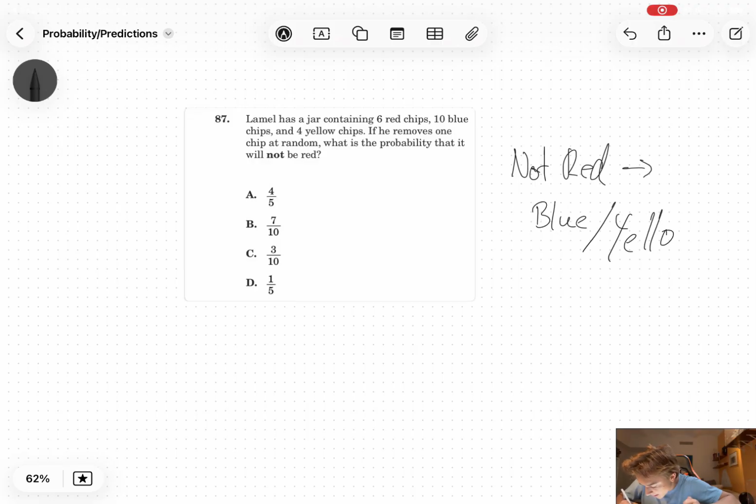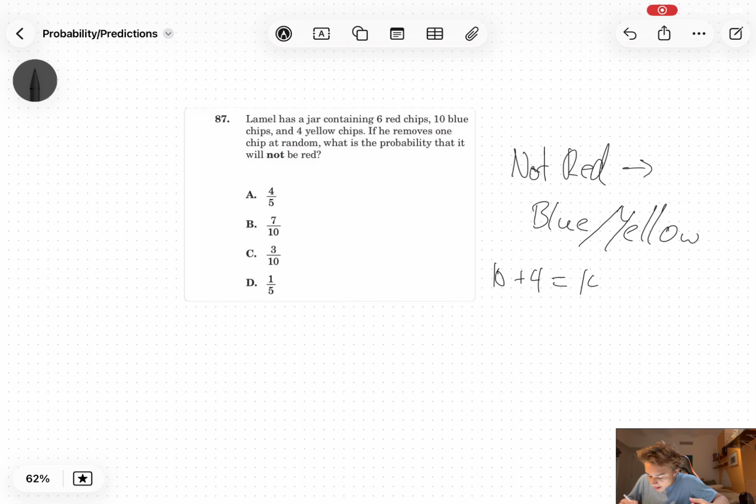So this probability is going to be equal to the total amount of blue and yellow chips in his jar divided by the total amount of chips in his jar. So we know that he has 10 blue plus 4 yellow chips, and that's 14 chips in total. And we know that the total amount of chips in his jar is 10 plus 4 plus 6, which is 20.